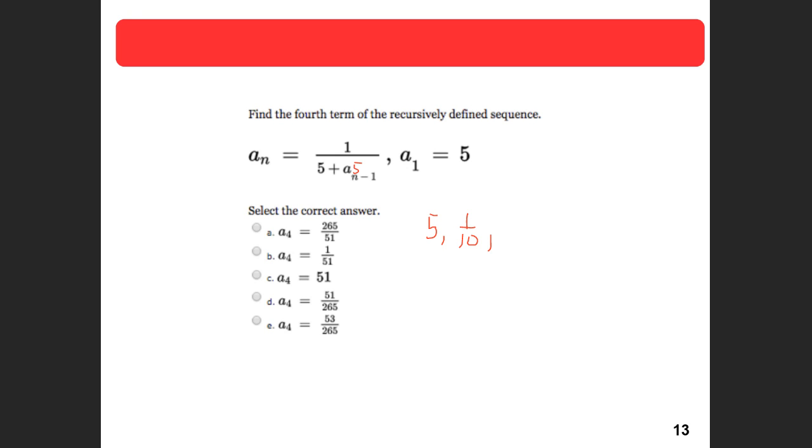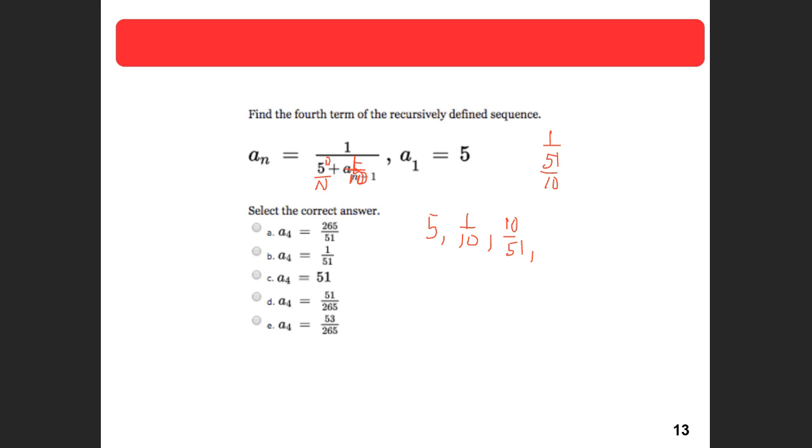The third term, now I have to put 1/10 in here because you have to put the previous term in. Oh boy. All right, so is that 50 over 10? So that's 51 over 10. So that's 1 over 51 over 10, or 10 51sts, I think.